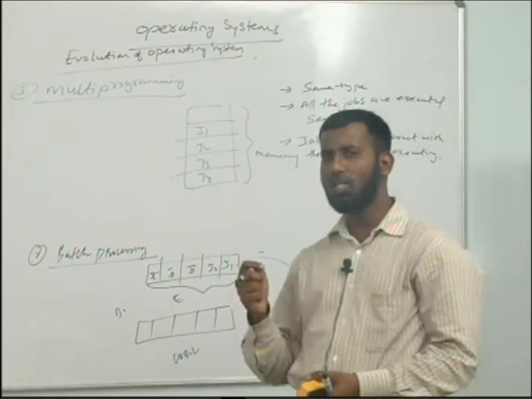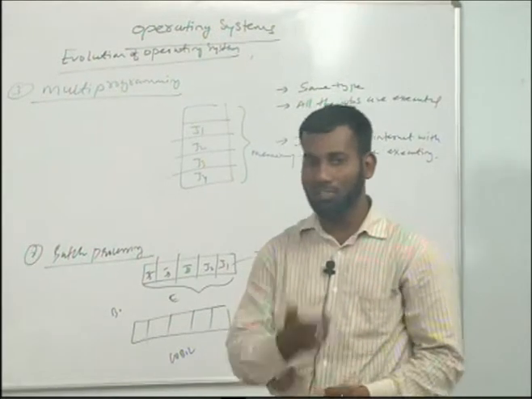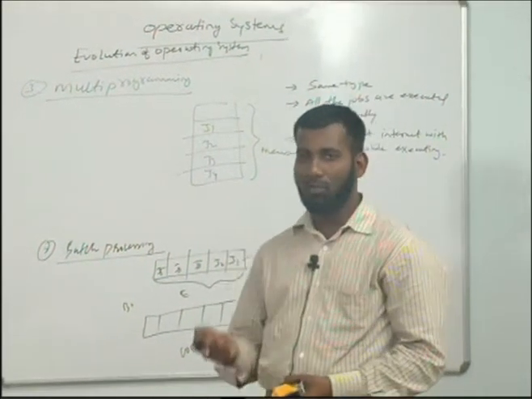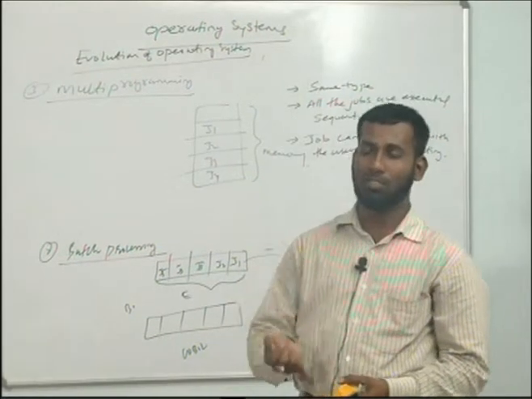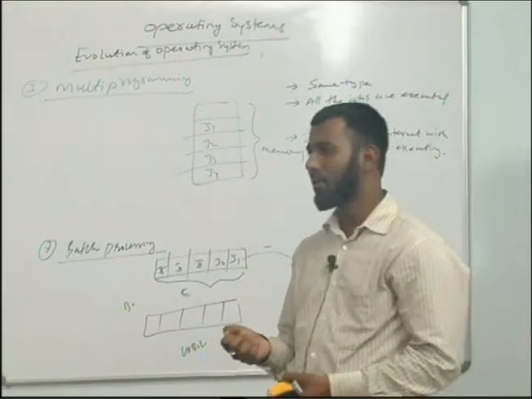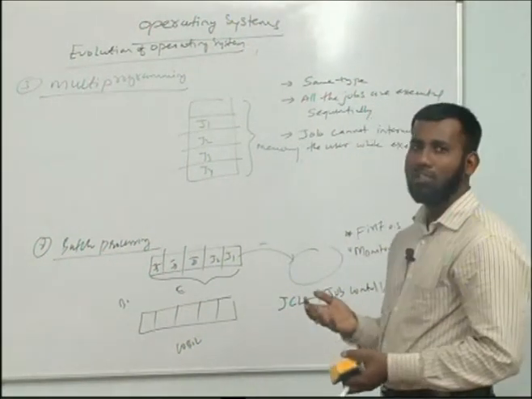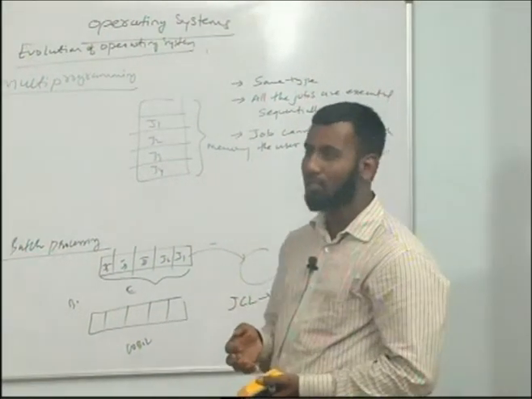There are many scheduling algorithms which we'll see in our next session: first come first serve, shortest job first, shortest remaining time first, highest response ratio next, and round robin. There are also priority based scheduling. These are the different types of scheduling algorithms, right?